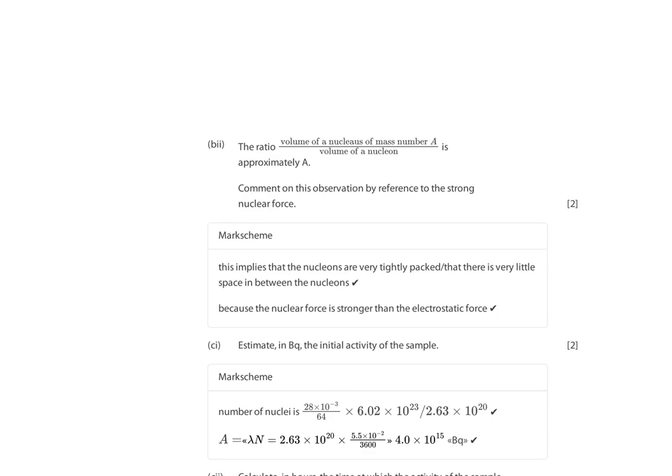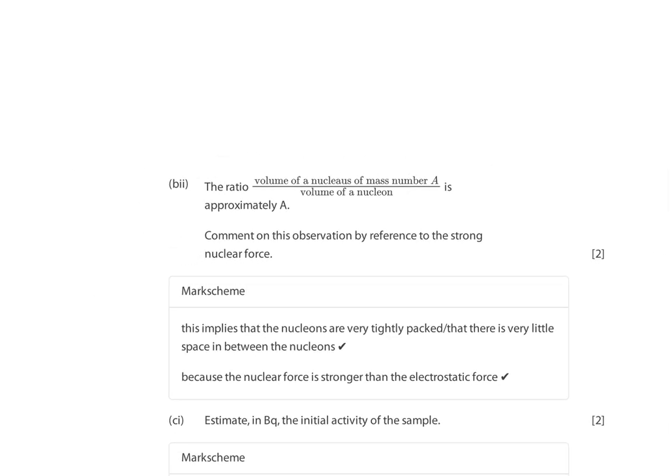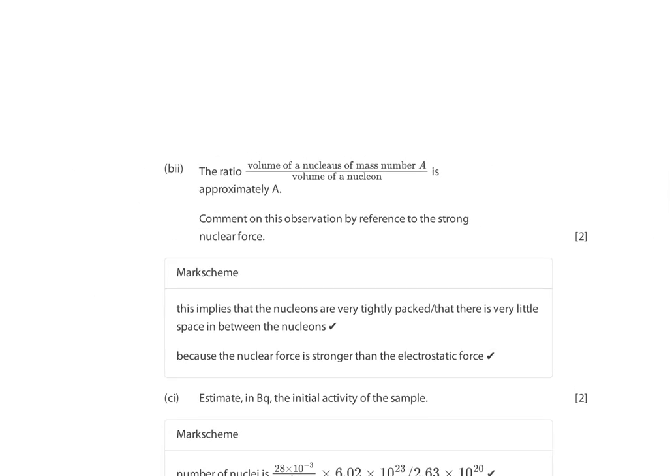topic E. Ratio, volume of a nucleus, they spelled nucleus wrong. The volume of a nucleus of mass number A divided by the volume of a single nucleon is approximately A. And it's like, what does that have to do with the strong nuclear force? It says it implies that the nucleons are very tightly packed. So it's kind of like if you have a nucleus of mass number A, say it's like 10 nucleons, or 7. 7 makes a nice tight pack.